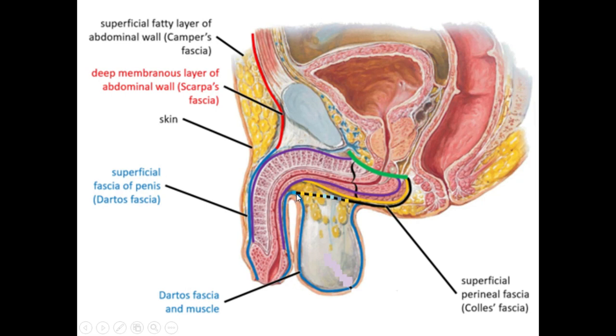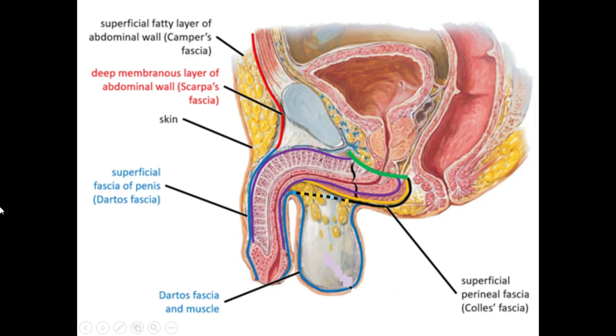Then this dartos fascia will be continuous with the superficial fascia of the penis, which is also termed the dartos fascia. Then the superficial fascia or dartos fascia of the penis will be continuous with the membranous layer of the superficial fascia of the anterior abdominal wall.